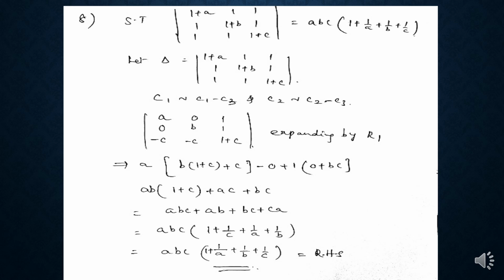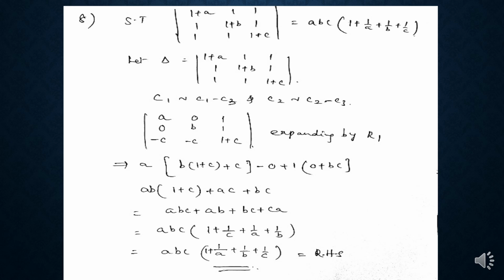So by expanding by R1, first row, we will get a into b into 1 plus c minus 1 into c minus c, that becomes plus c, minus 0 into something is 0, plus 1 into 0 into minus c, 0, minus b into c, minus c into b, that becomes plus bc.